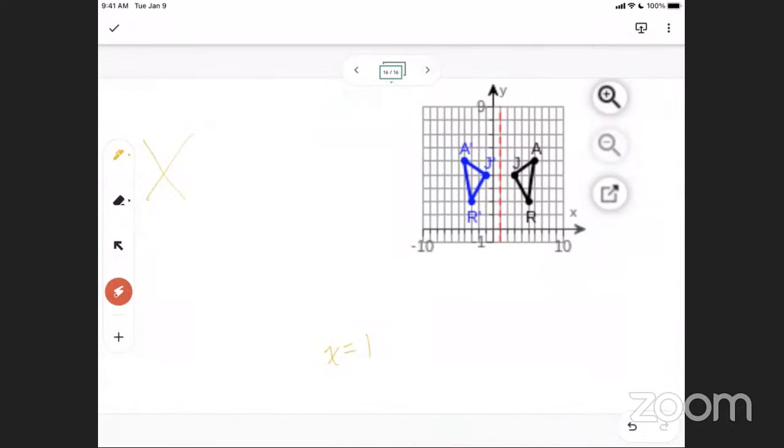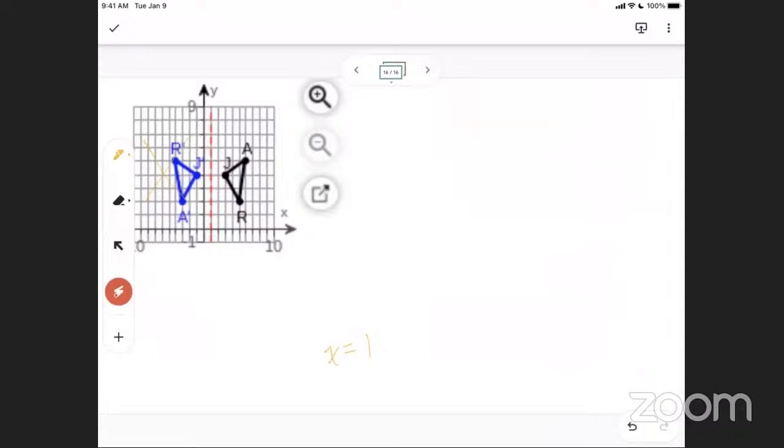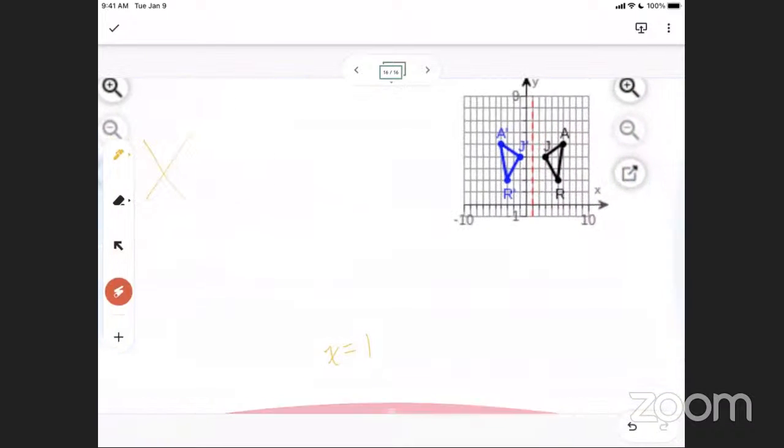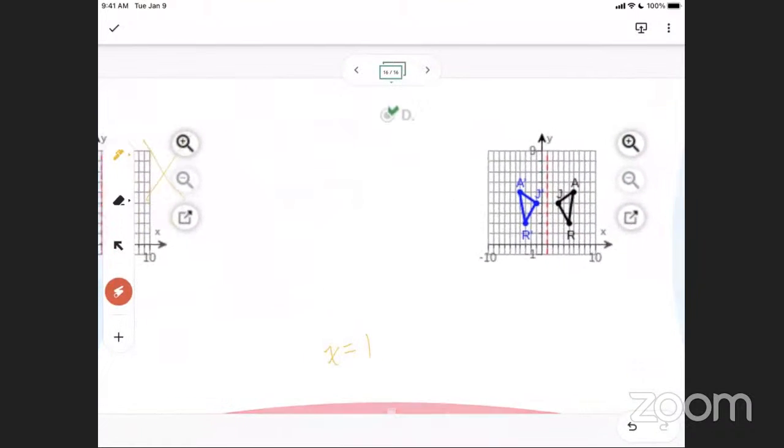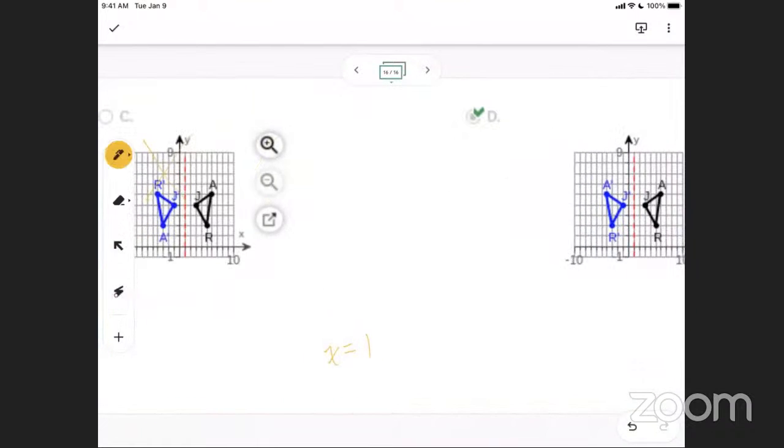So, dang, it's hard for me to see this. Can you tell by zooming in? Did you choose D? Yeah. And was that not correct? It was correct. Oh, D is correct. So it's kind of hard to tell. You have to actually count these distances. This one looked kind of right, but maybe it wasn't. I sort of guessed on it earlier, and I want to know why it was correct. Do you understand why?